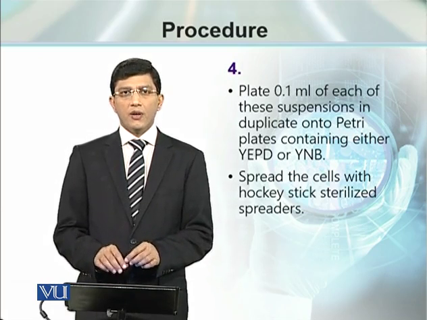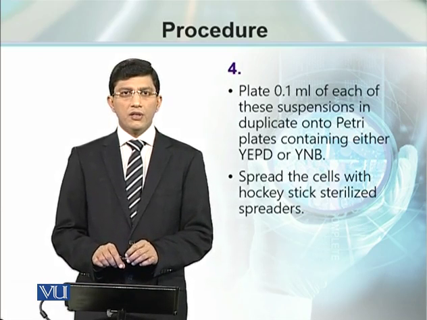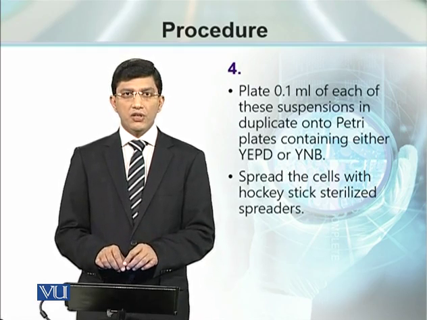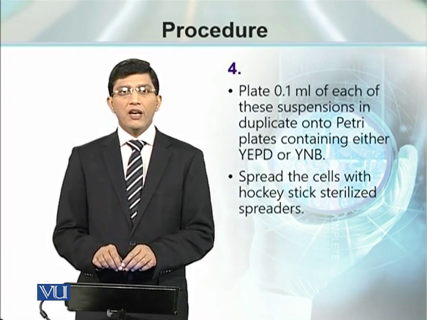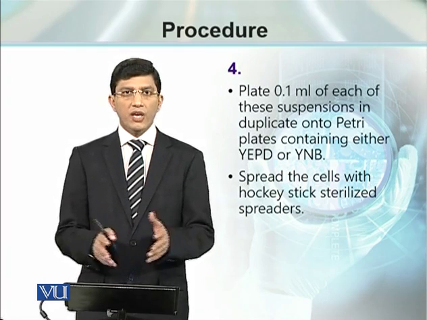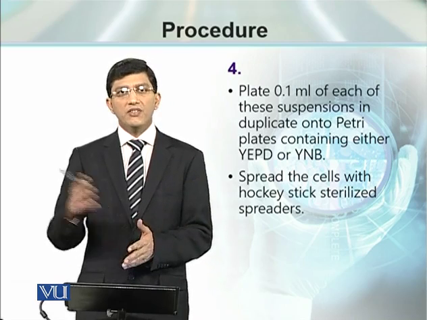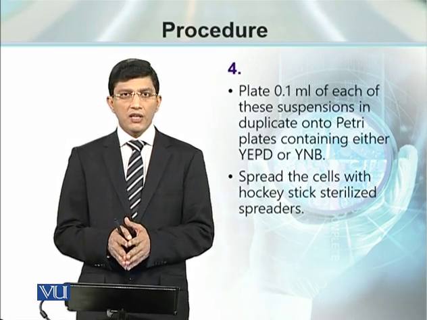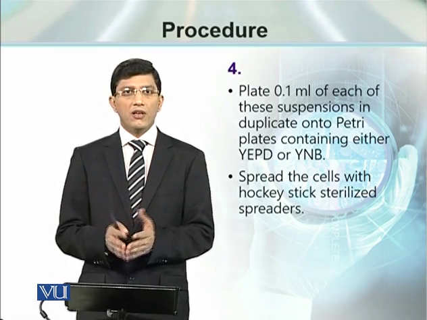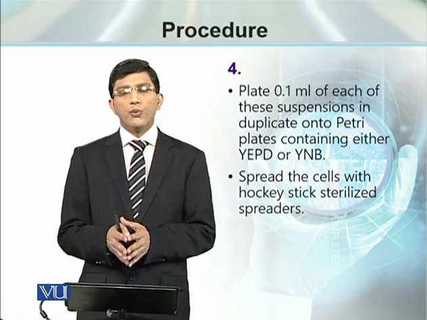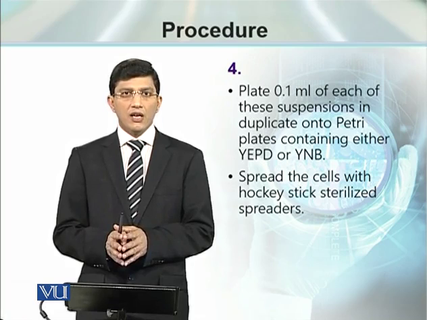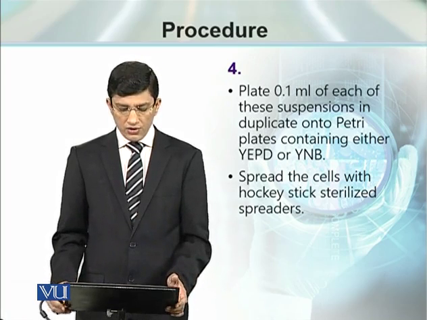Once you diluted this sample, take 100 microliter or 0.1 milliliter of the diluted suspension and spread it over the culture plates. In case of yeast, we have two media. One is a minimal media, the second one is the complex media. So 0.1 milliliter of the diluted suspension are spread over both of these culture plates using the sterilized hockey sticks.